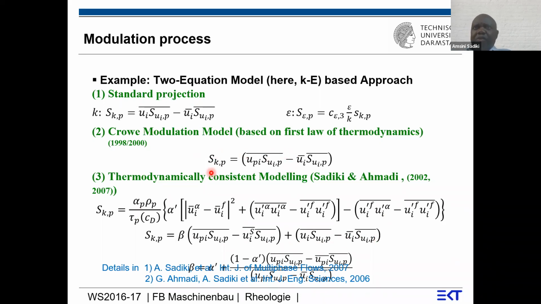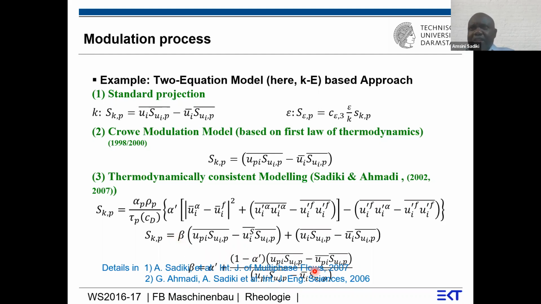So we compare this expression based on the first law and this expression based on the second law. We see that the first term is exactly the same, but the second term is not the same. Here, we obtain a summation between this one and this one with a factor which accounts for the distribution, which accounts for the size of the particles.